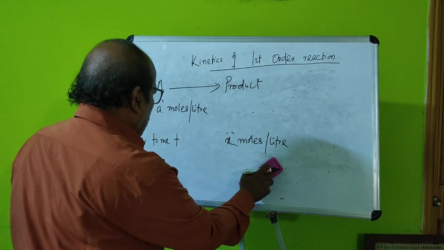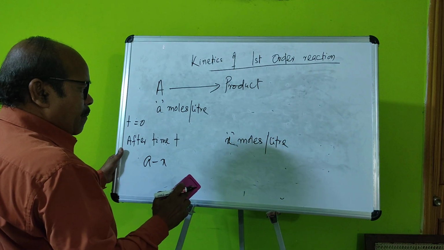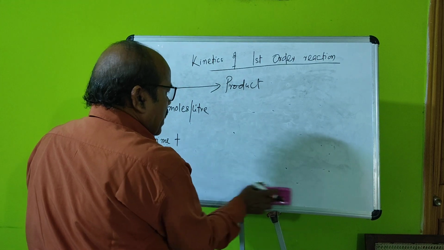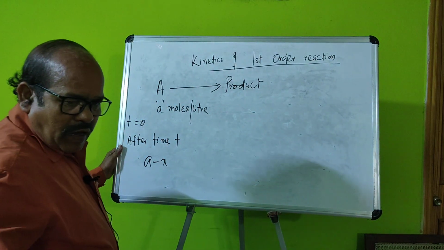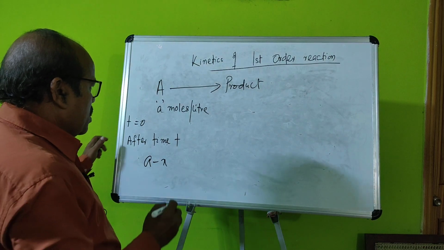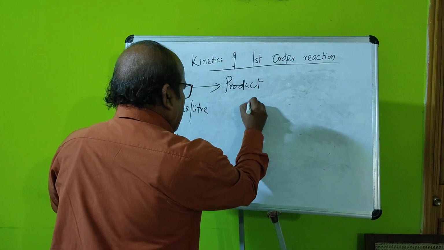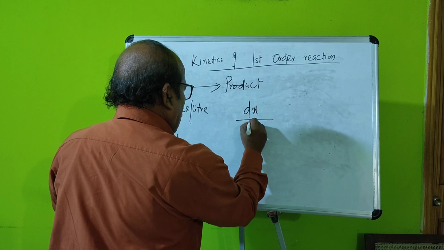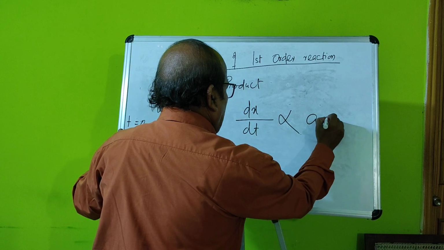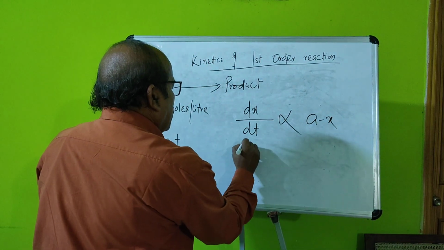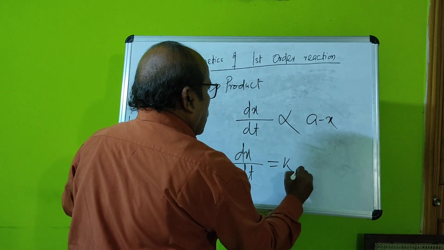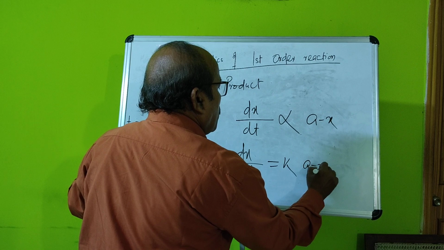So x is changing with respect to time t. When x and t are very small, I mean infinitesimally small values, then we write dx by dt is proportional to a minus x, or dx by dt is equal to k into a minus x.